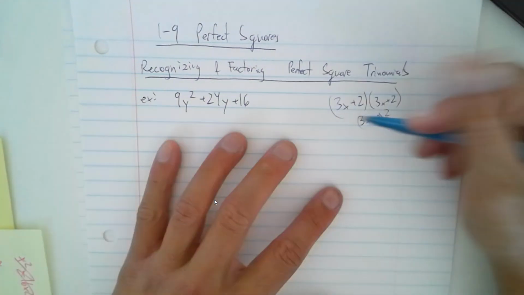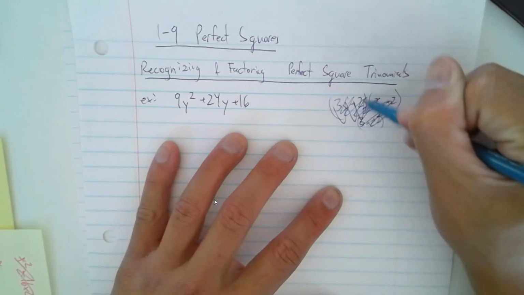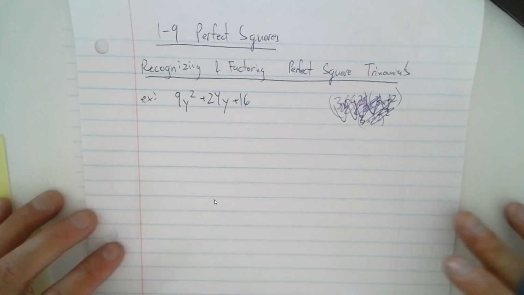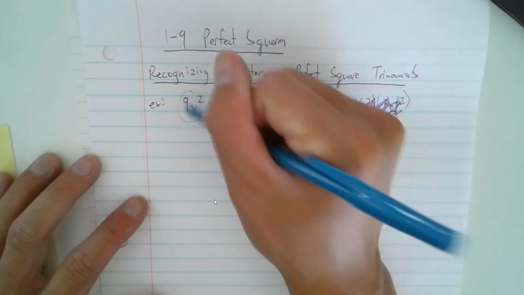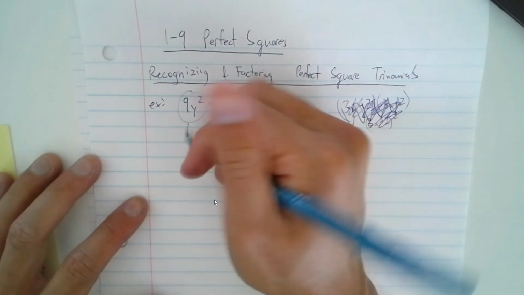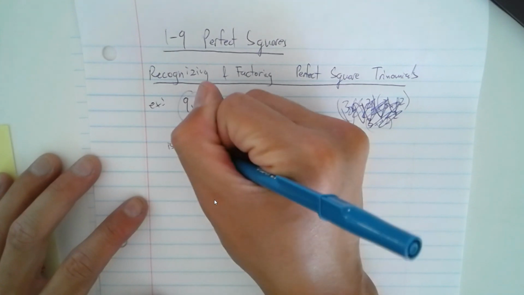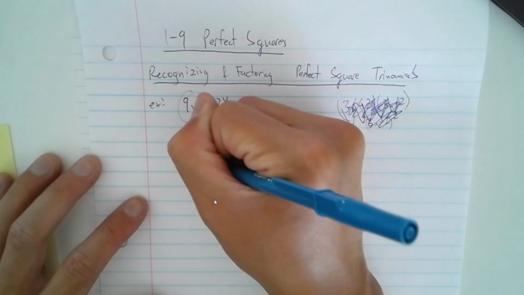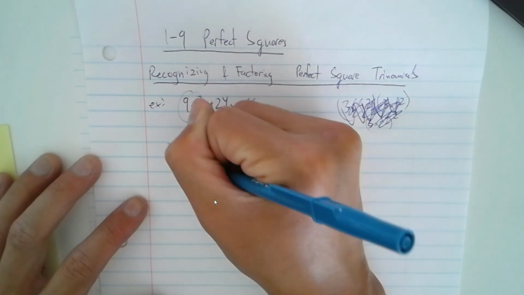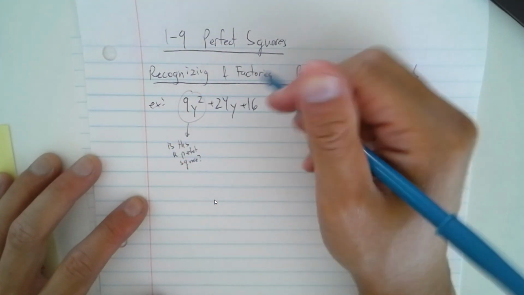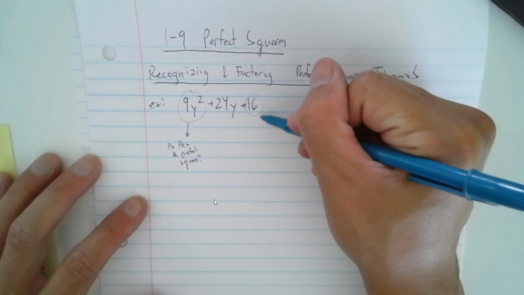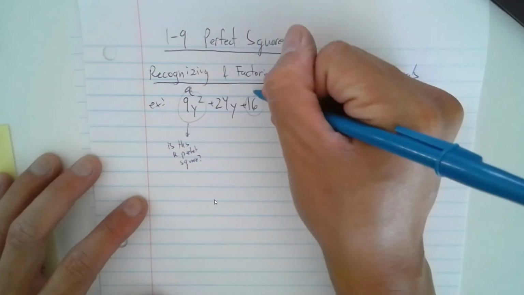Okay, so let me show you how to check that. This is one thing that I want you to learn from this section that's really important to me. So first, you just ask yourself, is this a perfect square? Your A value and your C value are what you're going to check.